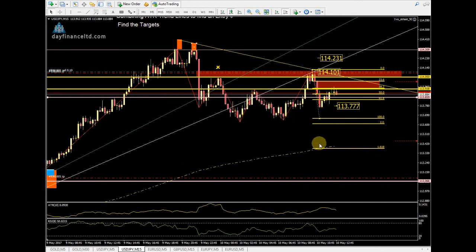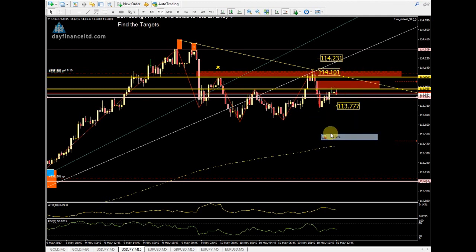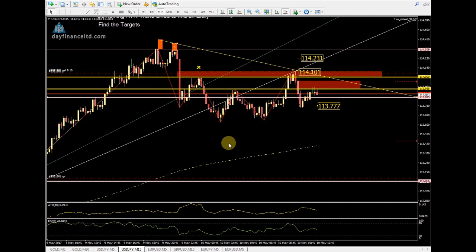Well, that's it for this fib. If you want to use fib to find targets and stops, you can do that.